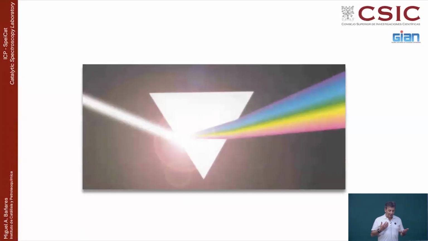Now, filter paper is nice, but you cannot have all collection of filter papers. So in the end, you go to the most paradigmatic instrument in spectroscopy, which is a prism, because with a prism at different wavelengths, the light will be detoured differently. So the higher the energy, the more detoured the light is from red light, yellow, green, blue, violet, and so on.